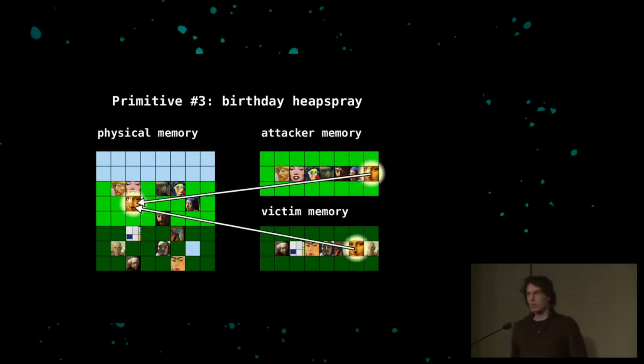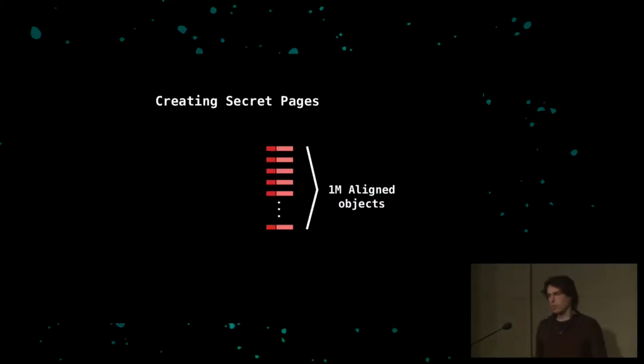So how do we exploit this in practice? Well, we allocate lots of objects, and then due to the other side channel, we get a list of objects which are probably on a megabyte boundary.